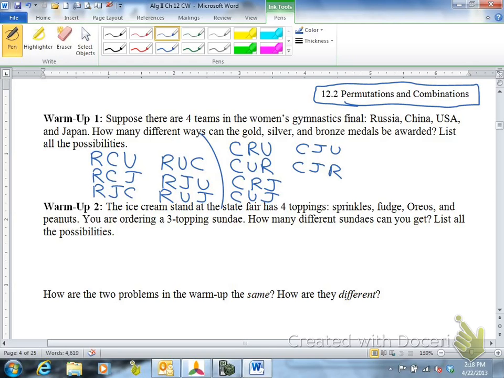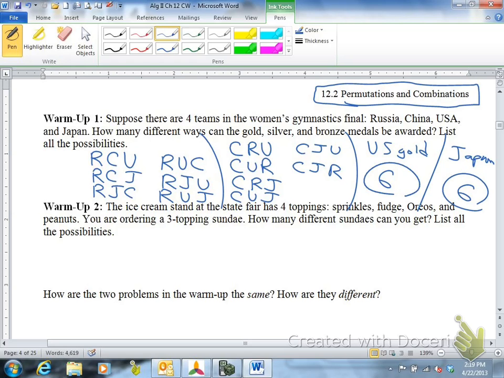You could also do US winning gold, which there's going to be 6 of them. I don't want to have to list them all. And then you could have Japan winning gold, and there's 6 ways that you could have that. So there's 6 for all these. So you have a total of 24 different ways that medals could be awarded.